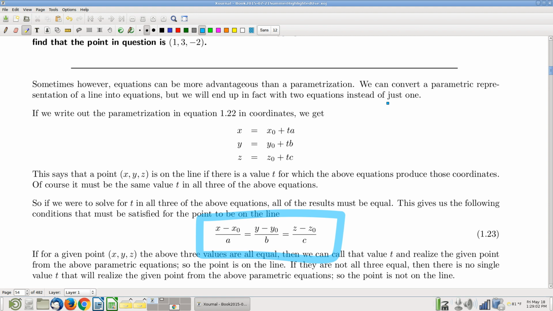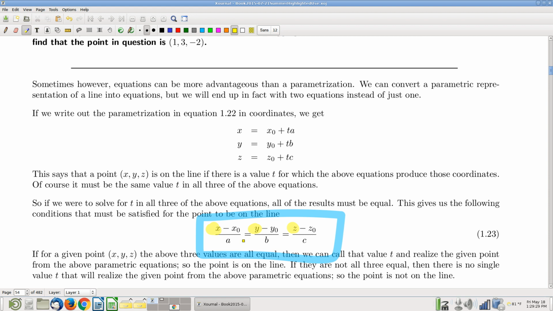You give me an x, y, z. Put the x there and the y there and the z there, and if these 2 things are equal and those 2 things are equal, then yes, I can call this shared value t, and that's the value of t that makes x, y, z true.